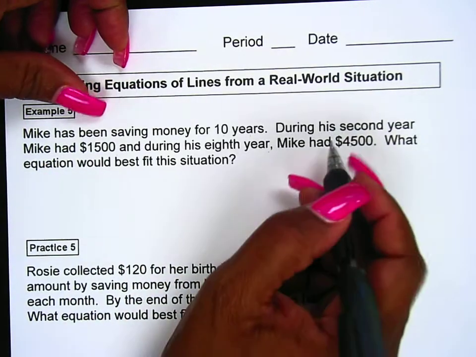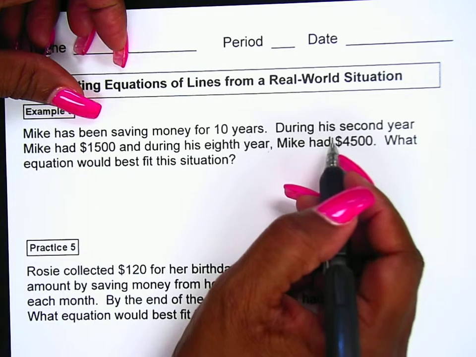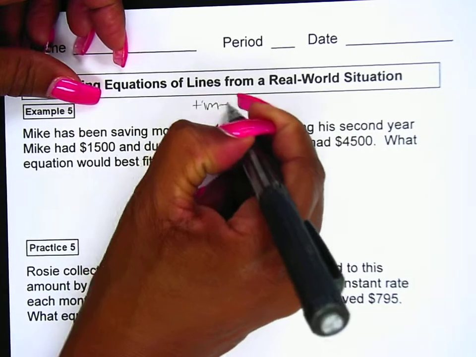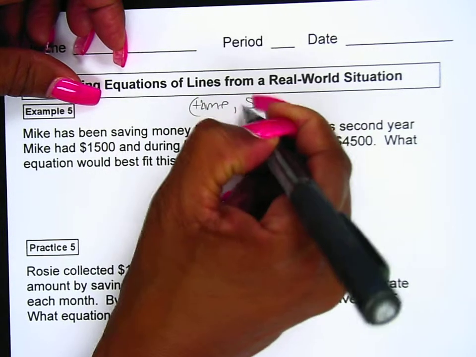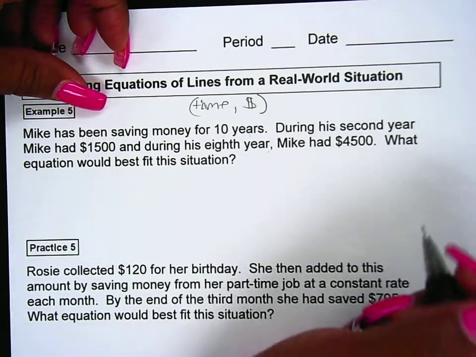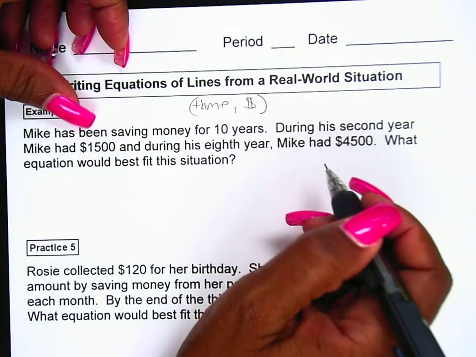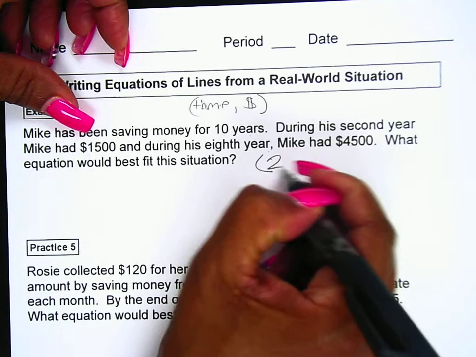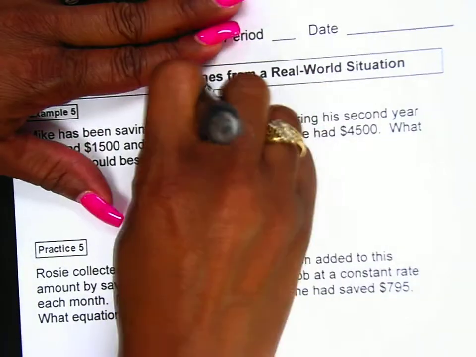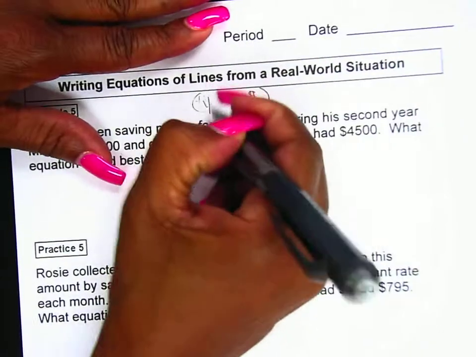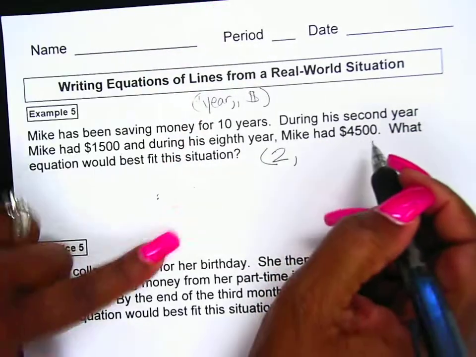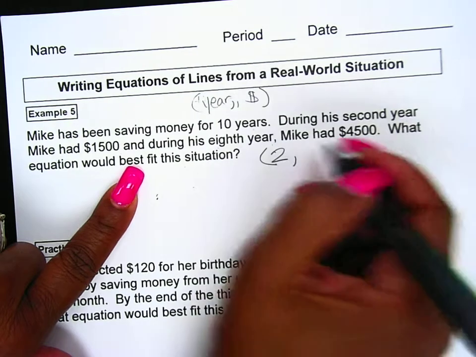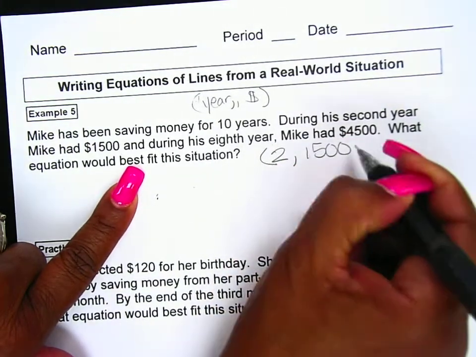So let me write these down. We're doing here years and money. So I got here time and dollars. So when it says during his 2nd year, Mike had 1,500, we'll put 1,500 there.